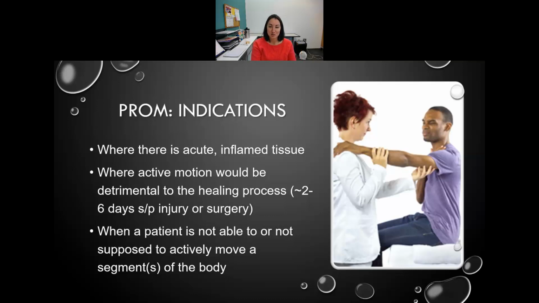If a patient's not able or not supposed to actively move a body segment, like maybe they had a spinal cord injury and they're not getting any nerve impulses to allow them to move, or maybe they're not supposed to because that movement could damage healing tissues. All of those would be indications that the patient needs passive range of motion.